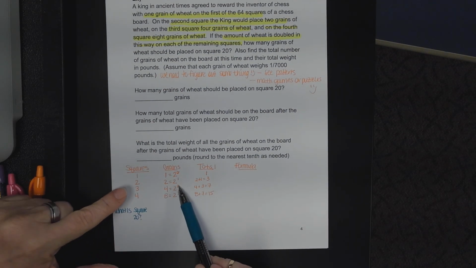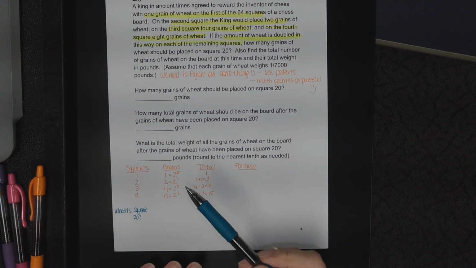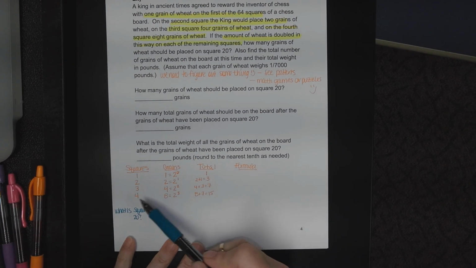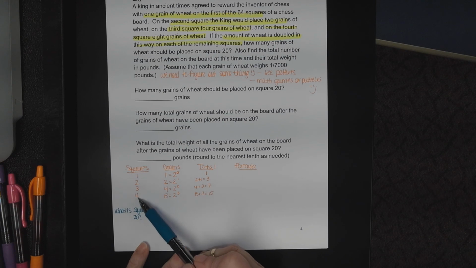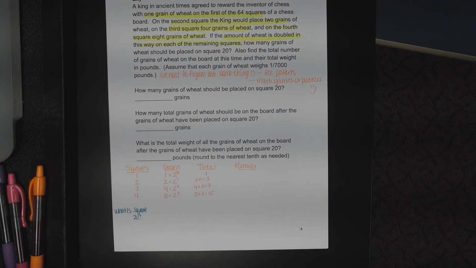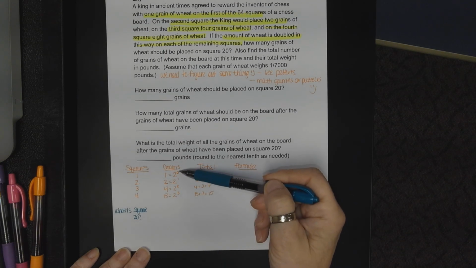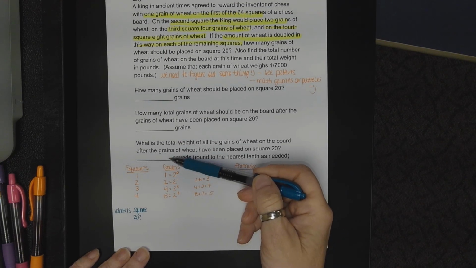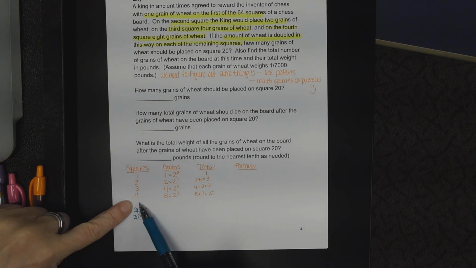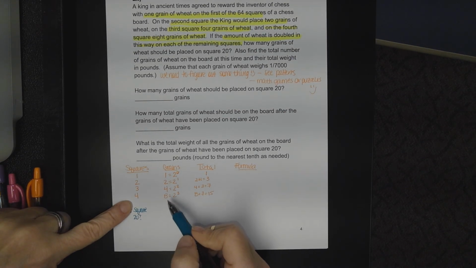This power of 2 is 2, but our square is 3. So, every time, our power is 1 less. Our power is 3 here, but our square is 4. So if we continue with this pattern, which we have the whole time, we can assume that when we get to square 20, our power would be what? Our power would be 19, right?